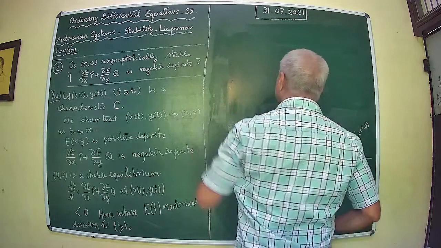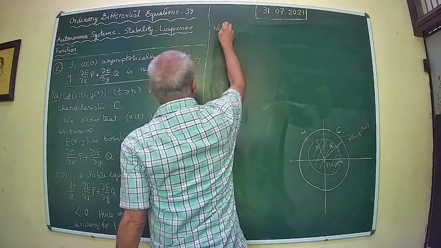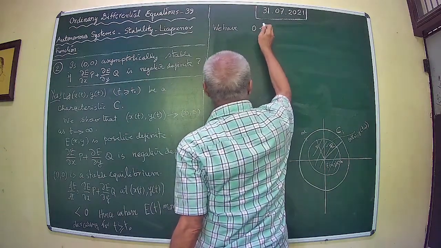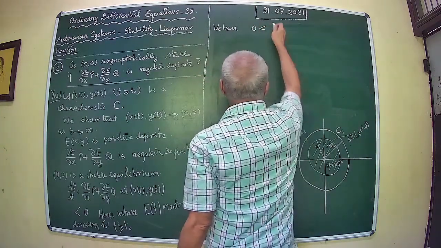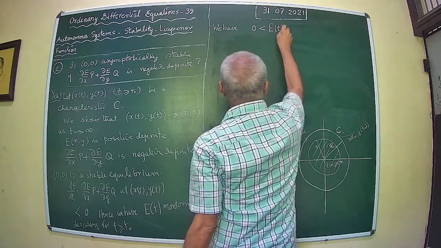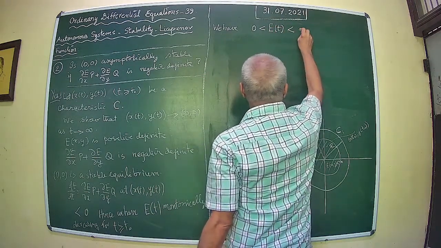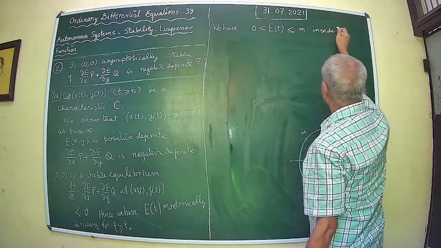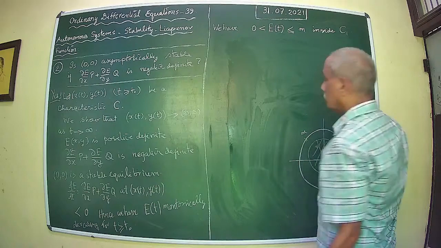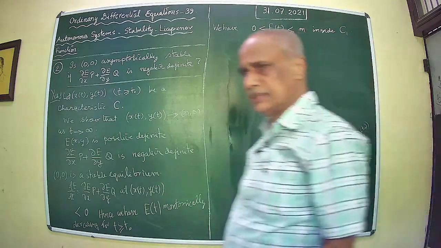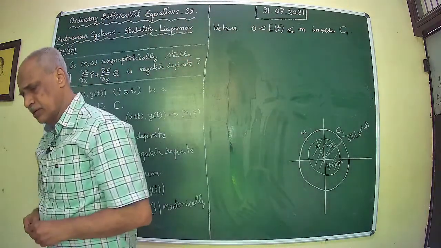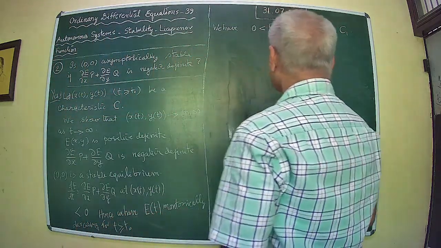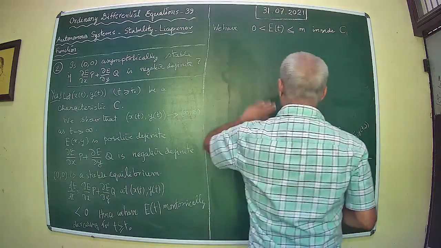So you see that inside C1, that is, in the region enclosed by C1, and it is monotonically decreasing.